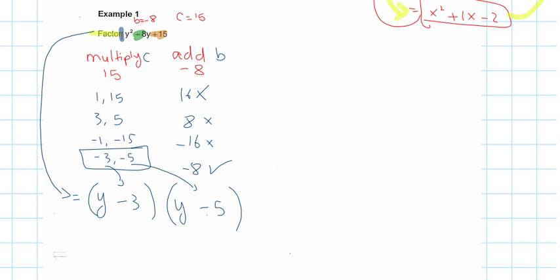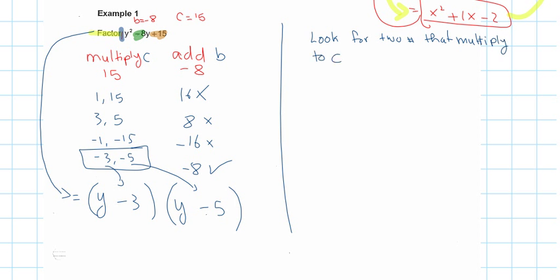So you're going to look for two numbers that multiply to C and also add to B. So when they multiply to C, they also have to add to the B value. Okay?